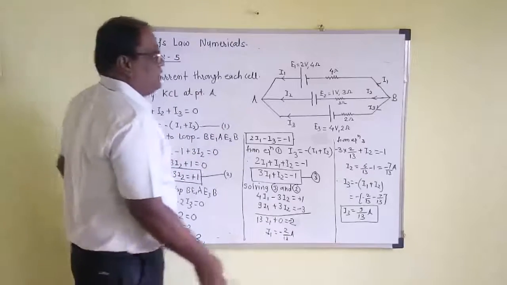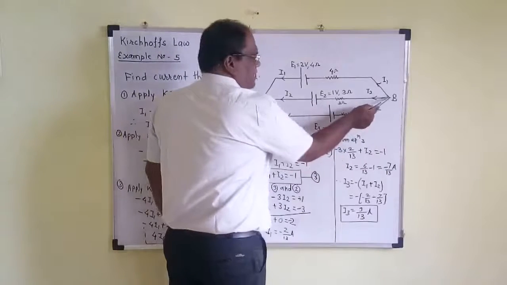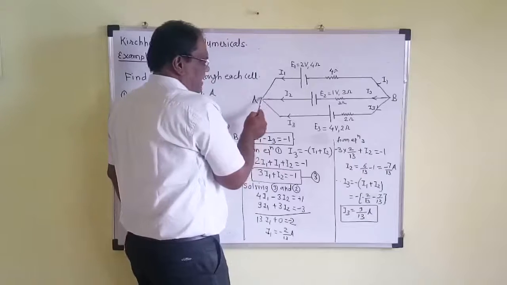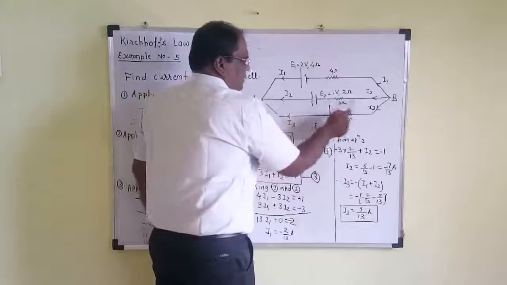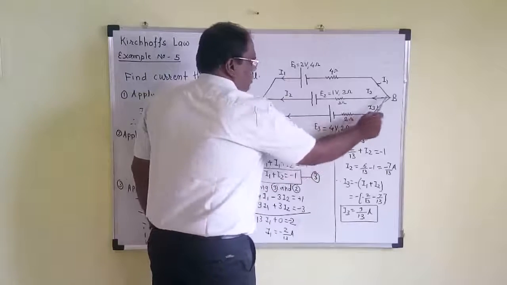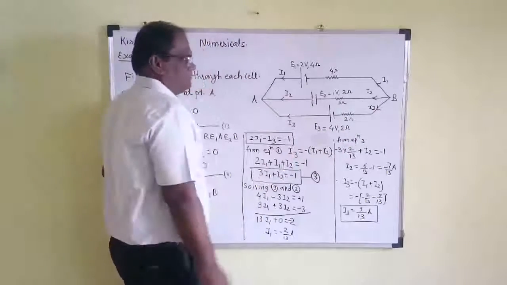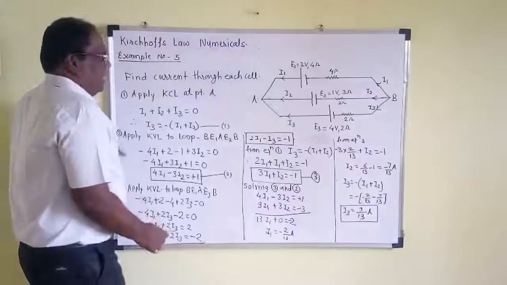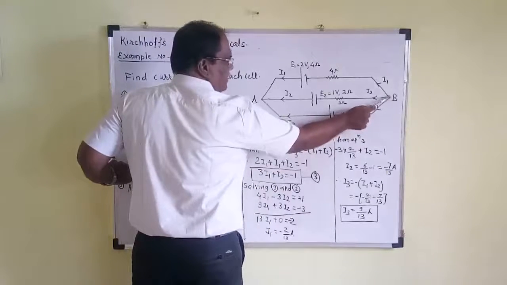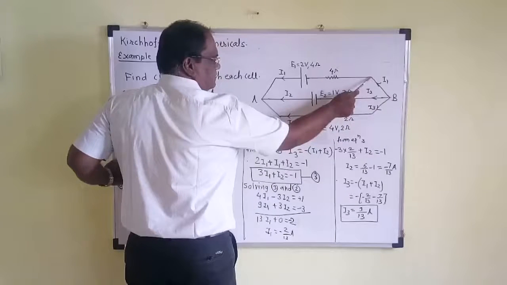Now, consider this loop B, E1, A, E2 and B. Apply Kirchhoff's voltage law for this loop. Now, the starting point is B. I am moving in the direction of current I1.